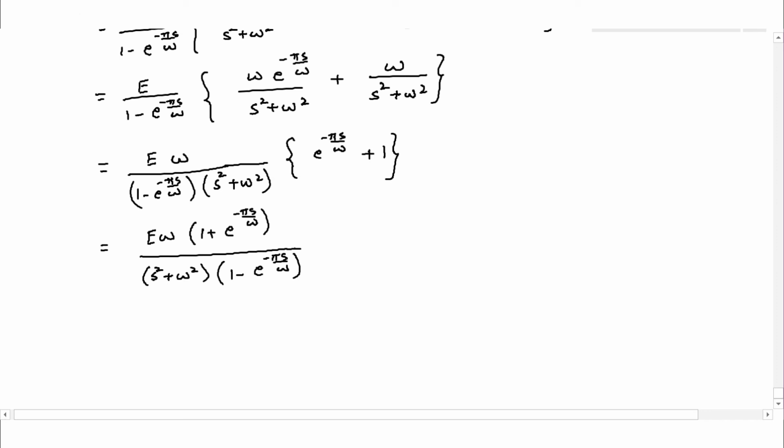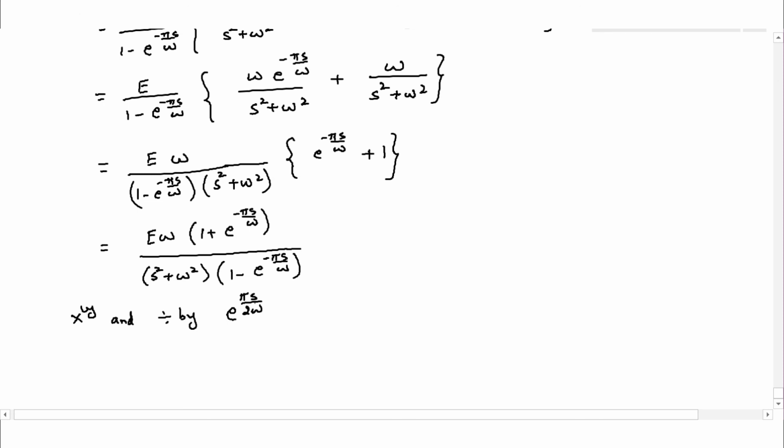You can further simplify this expression and try to get it in some standard form. Now for that, I'll multiply and divide by e power of pi s by 2 omega.